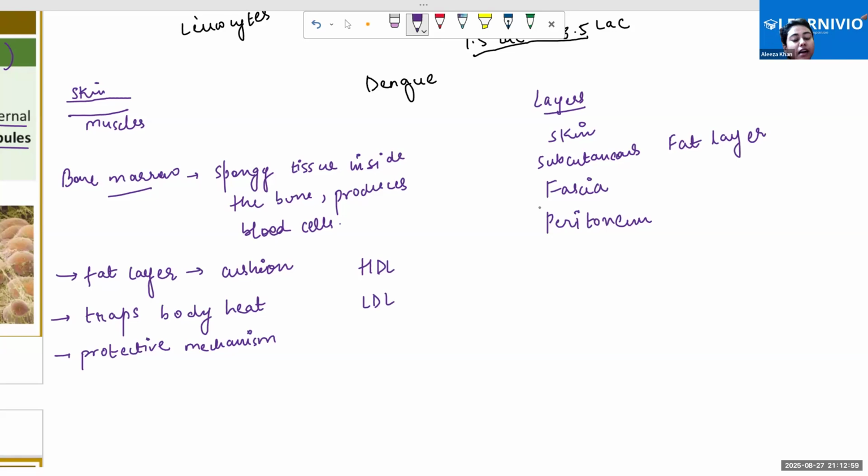Whenever an incision is made for surgery, it is made first at the skin level, then at the fat layer, then fascia. In between you have the muscles also. Then peritoneum, all these are the layers.